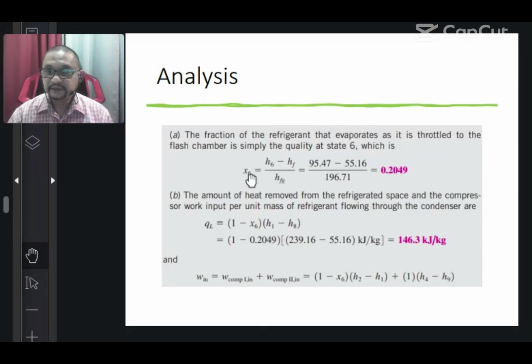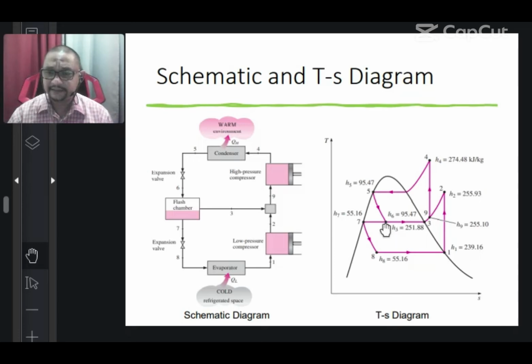Because state number 6 is in the mixture region, you have to find the quality, or the fraction, at state number 6.